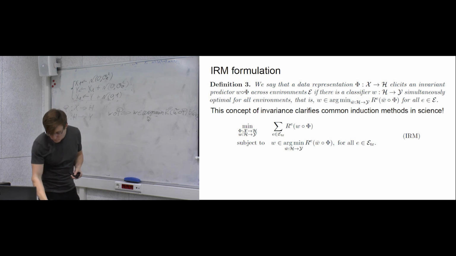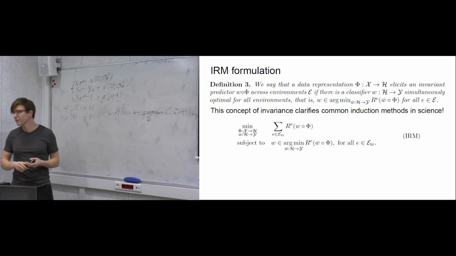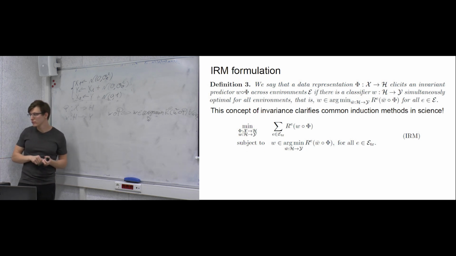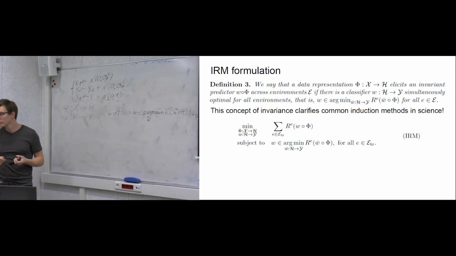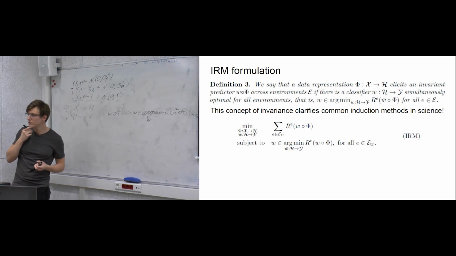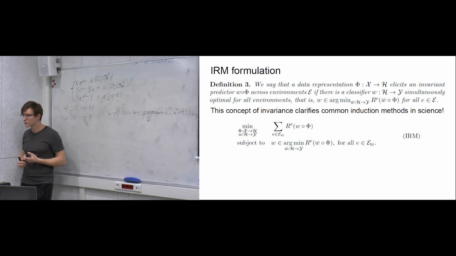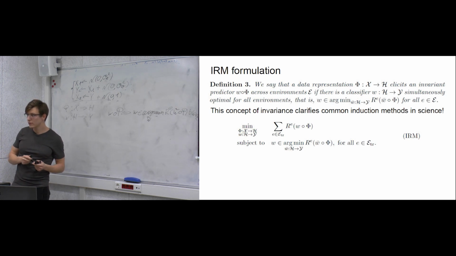Okay, so now we proceed to the comparison with domain adaptation. Within a normal domain adaptation technique, you would be trying to find a data representation such that you cannot distinguish between environments, so the distribution of feature vectors within this representation will be the same across environments, indistinguishable. Does this imply this definition?